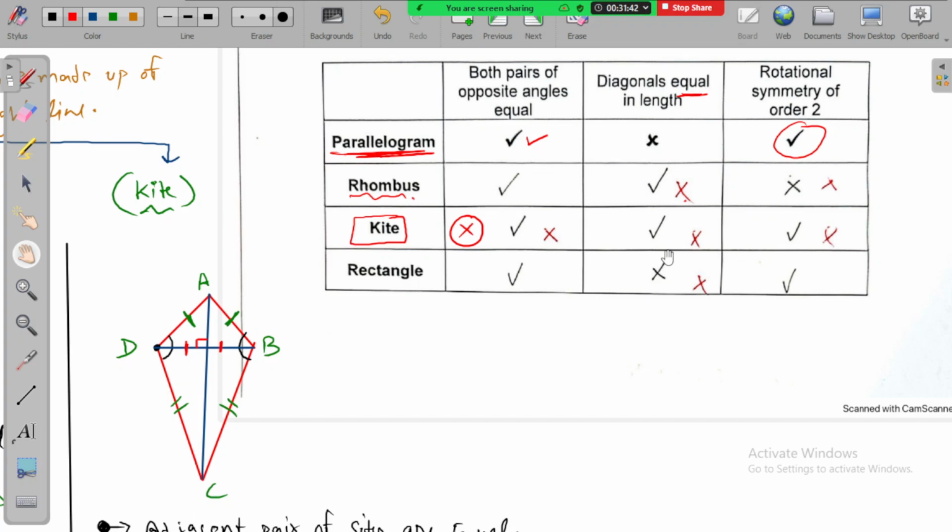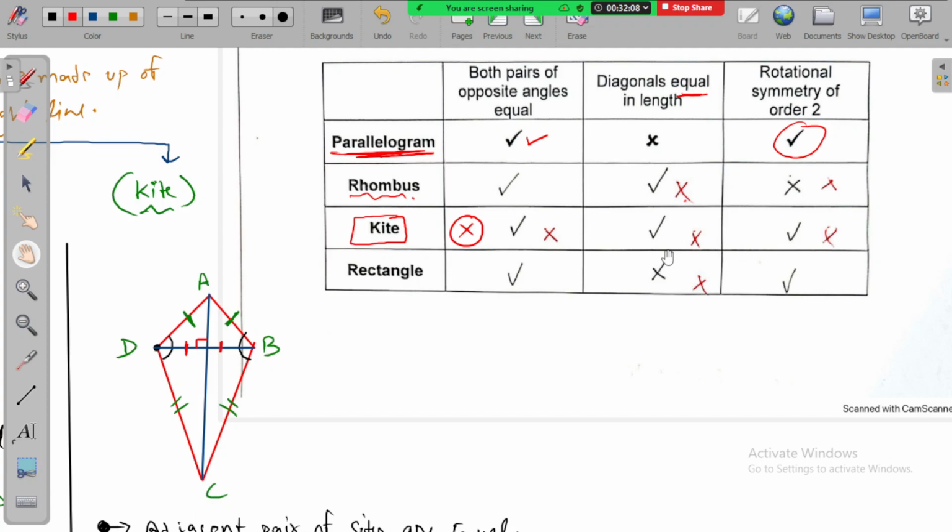Then what about rectangle? Just tell me each property. Look at it and read it. In rectangle, both pair of opposite angles are equal. What will you say? Yes. The reason? Each angle is 90 degrees. Perfect. Second, diagonals are equal in length. Yes. And in how many shapes are the diagonals equal?